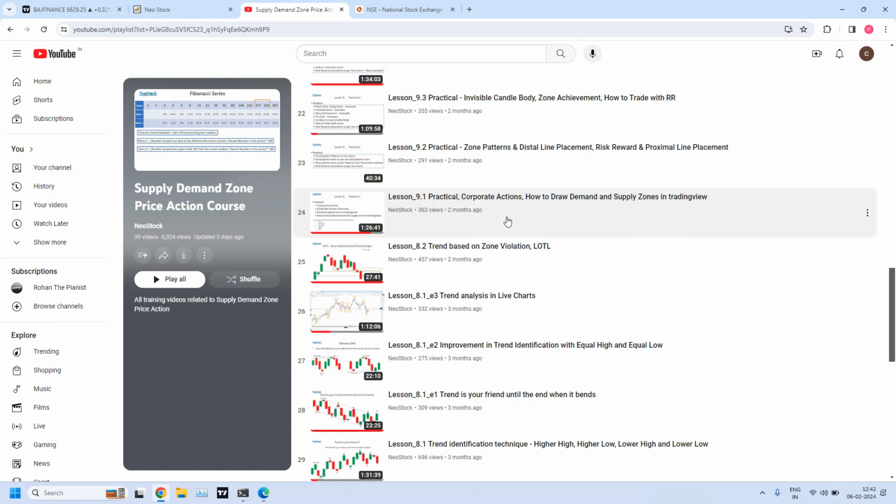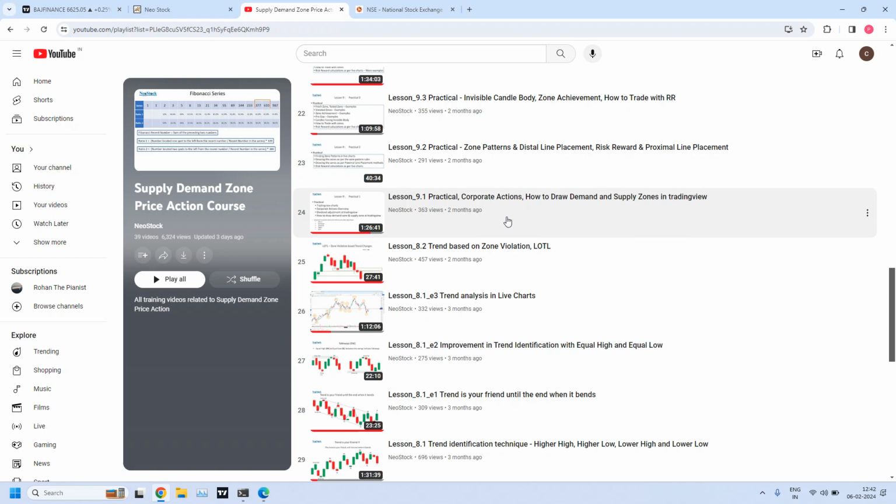And the NeoStock's data is completely adjusted with all the corporate actions. We've been adjusting because I've been using NSE data in my database, in my database from the year 2003 onwards. So initially even I suffered, even I did not understand the corporate actions concepts properly.